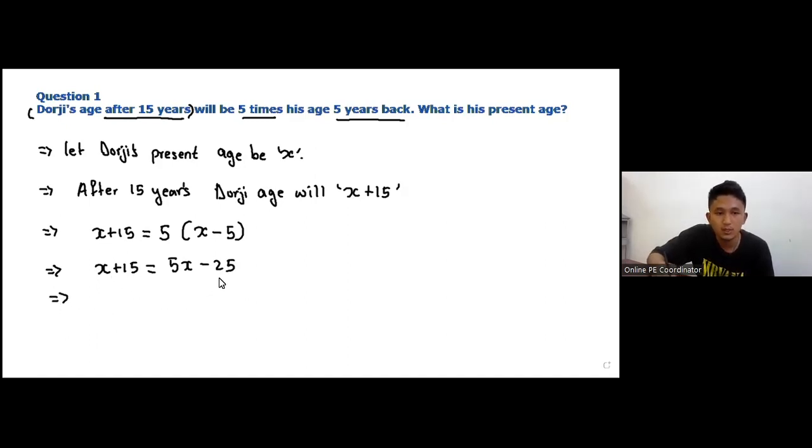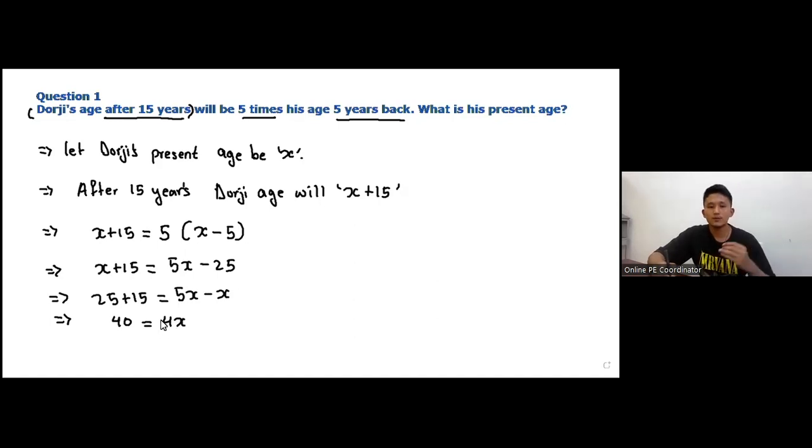Bring the common terms together: 25 plus 15 is equal to 5x minus x, which gives 40 is equal to 4x. We have to find the value of x. So x will be 40 divided by 4, which is equal to 10.